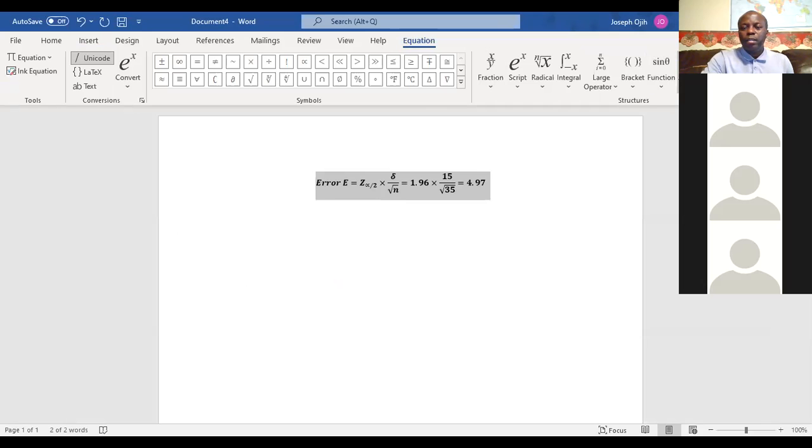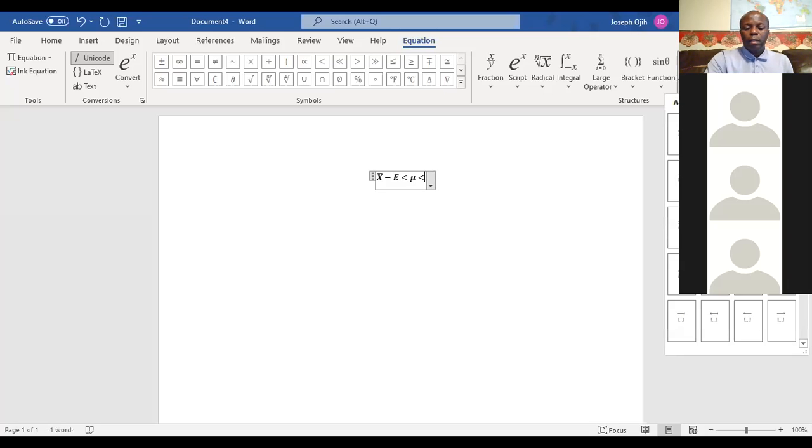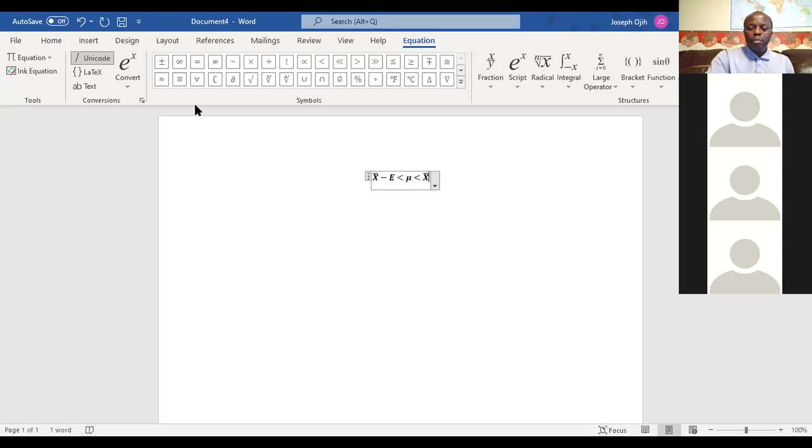So X bar minus this error. On the left side you subtract the error, and on the right side you add the error. Less than the mean, which is what we are trying to estimate, and then less than X bar plus error. That's how we get the confidence interval.